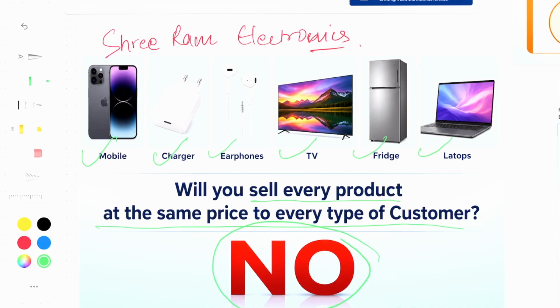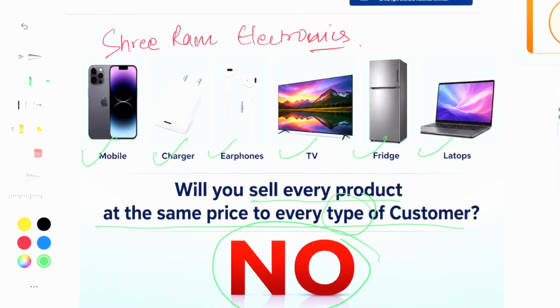We are not selling every product at the same price to every type of customer. I'm using the words "type of customer", which is very important. What does this type mean? Are you a first-time customer or a returning customer? Are you purchasing a single product or a bulk of products?